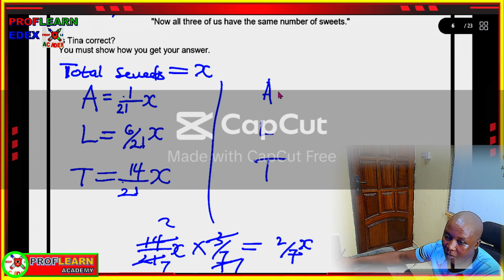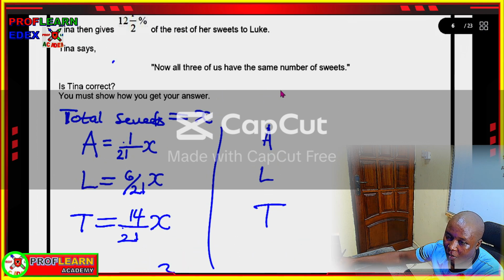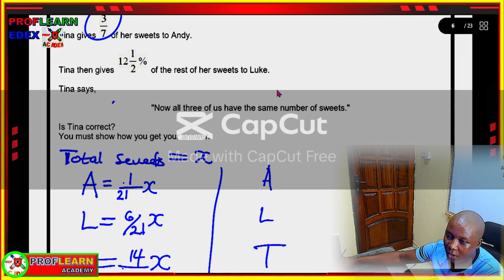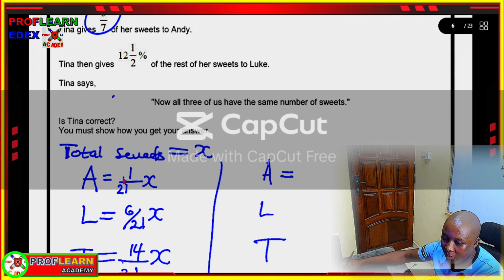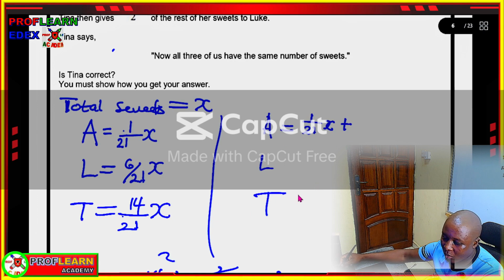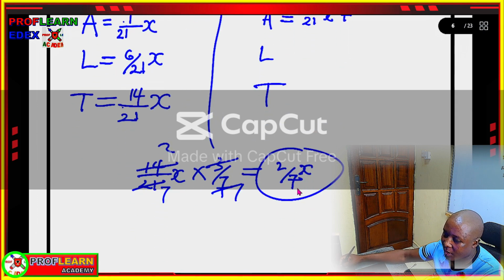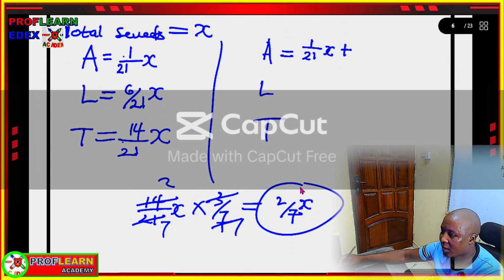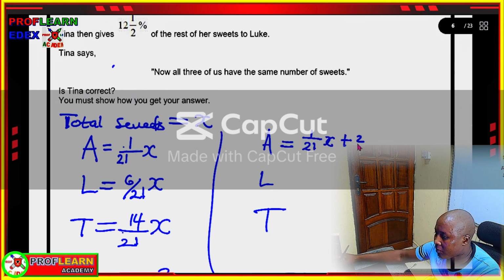So Tina gives her sweets to Hadi. Then Tina gives some of the rest of her sweets to Luke. Hadi already had 1/21 of x. If we add the sweets that Tina gave, that will be 2/7 of x.